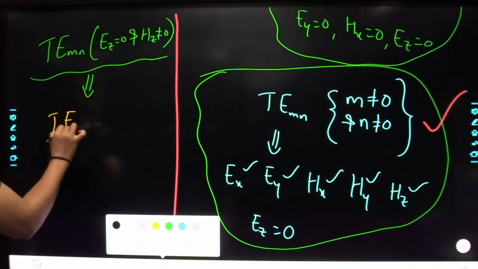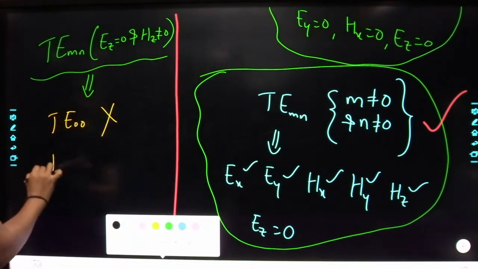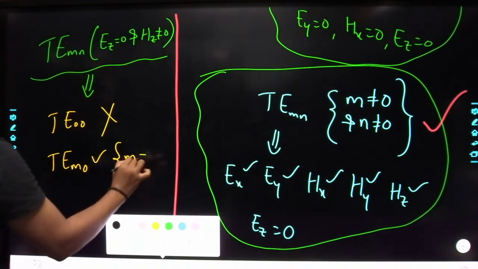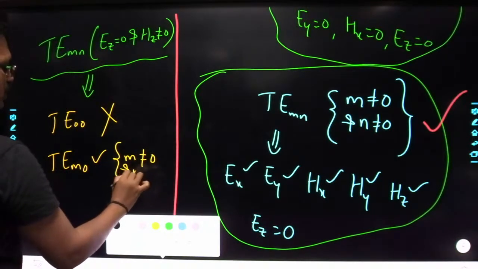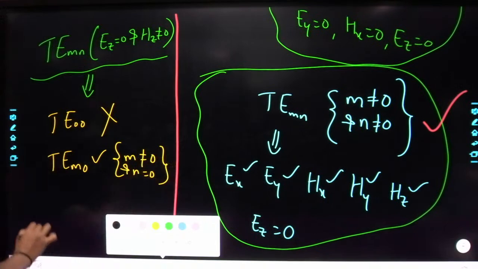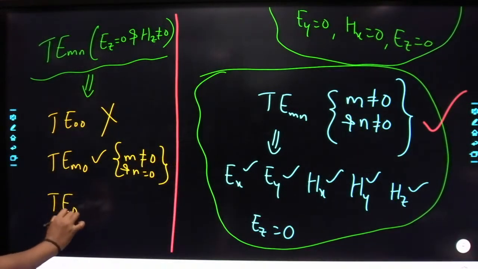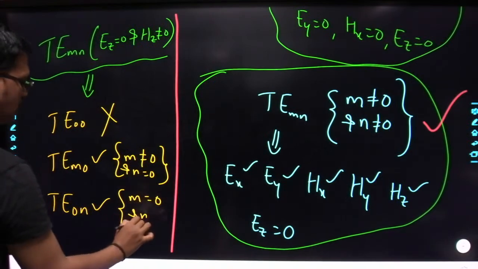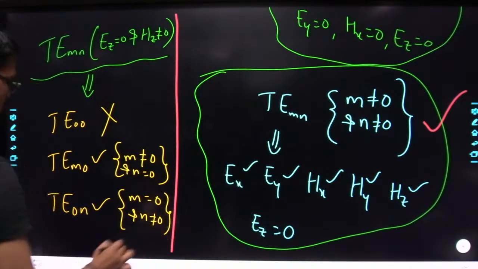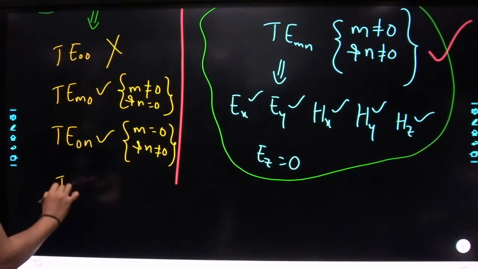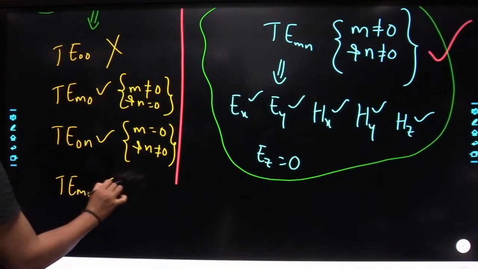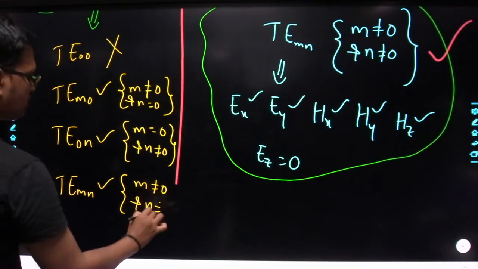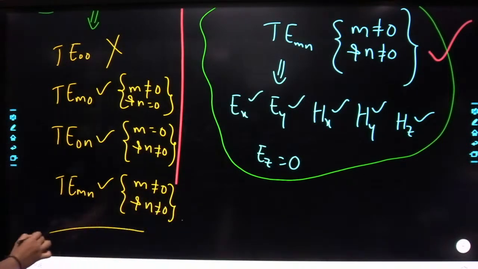TE00 mode is not at all possible, whereas TE M0 mode is possible. Here m not equal to 0 and n equal to 0, right? Similarly, TE 0n mode is also possible. Here m equal to 0 and n not equal to 0. So similarly, TE Mn modes are also possible. Here m not equal to 0 and n not equal to 0, right?